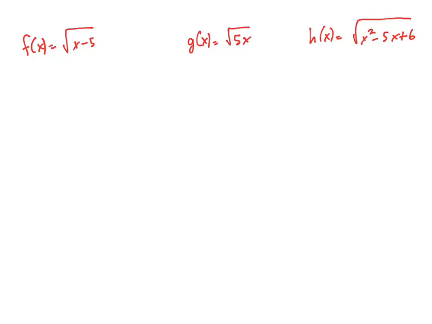So this first one, square root of x minus 5, what we do is we take the radicand, x minus 5, and we set that greater than or equal to 0. Now let's solve for x. We get x is greater than or equal to 5. So if I was to graph this on a number line, what this is saying is x can be anything that's greater than or equal to 5.